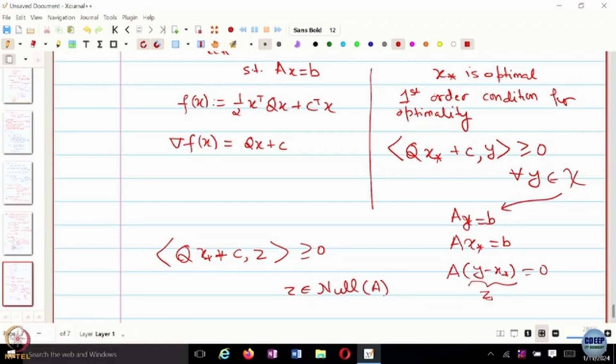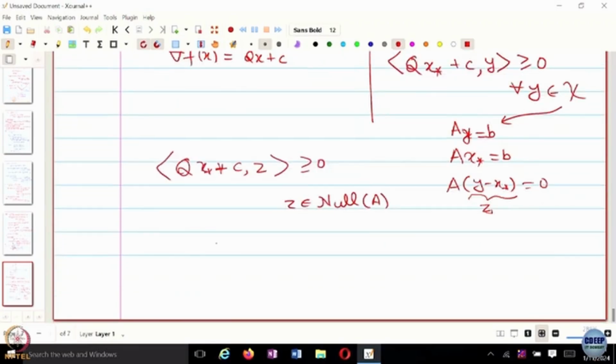So you can equivalently write it like this. And if the null space is vacuous, then it is an unconstrained optimization.